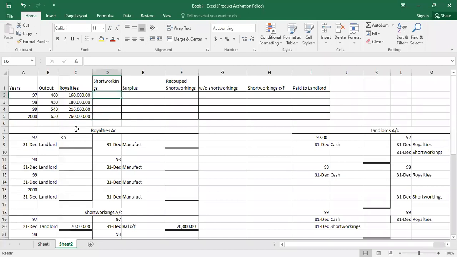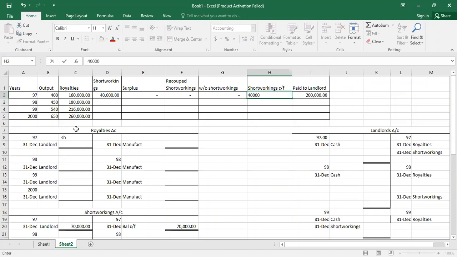So we go on. Our minimum rent is supposed to be 200,000. So do we have short workings? Yeah, 40,000. Carried forward?